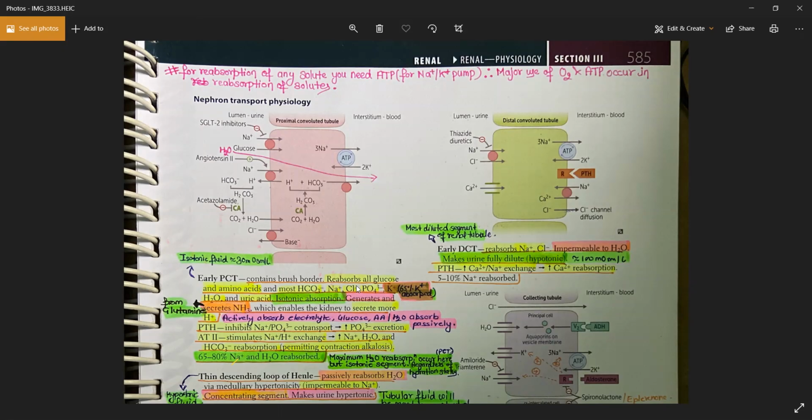It will get recycled again. So please note the glutamine, ammonia, acetazolamide, bicarbonate, phosphate, all of these things are managed to cause the neutralization of the hydrogen ions.